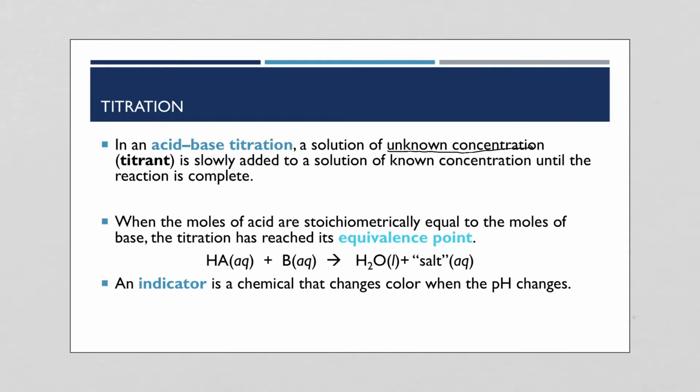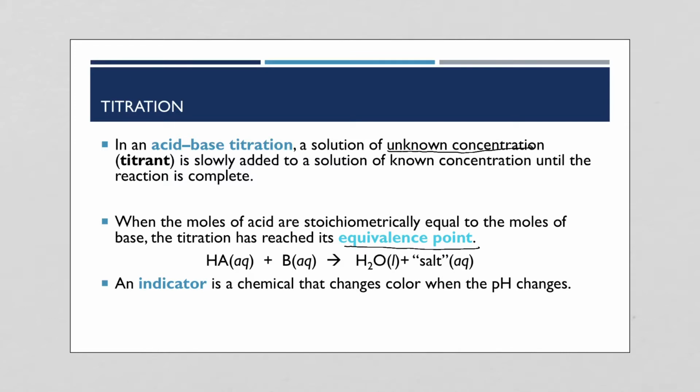For an acid-base titration, we mark completion as what we call the equivalence point. The equivalence point is when the moles of acid are stoichiometrically equal to the moles of base. So in other words, we have equal moles of acid and base in our reaction flask. What this means is that both the acid and the base have been mutually, if you will, neutralized.